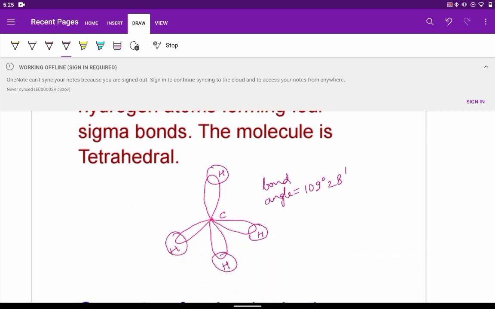These are all shared pairs, so there will be the normal tetrahedral shape. Here the bond angle is 109 degrees 28 minutes, which we usually find in sp3 hybridization.